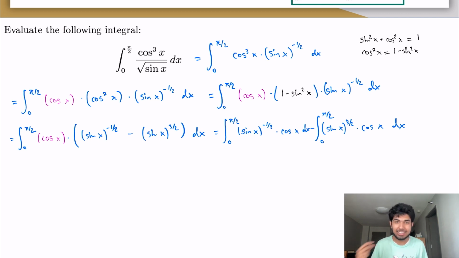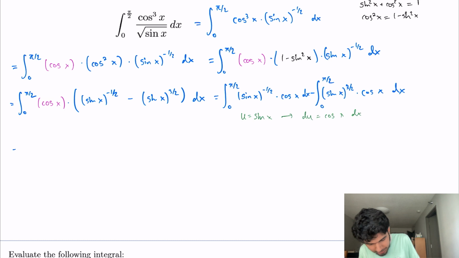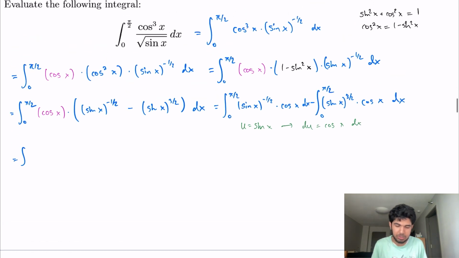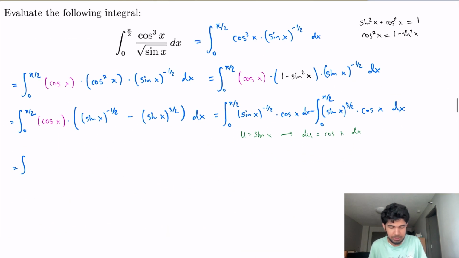So let's try doing this simultaneous integration. We know we're going to use the same u for both, so let's try doing that. We have u equal to sine of x, which tells us that du is equal to cosine of x dx. So now our integral simplifies to, actually I'm not even going to write the limits. We'll take care of the limits later because we're switching variables into the u world.